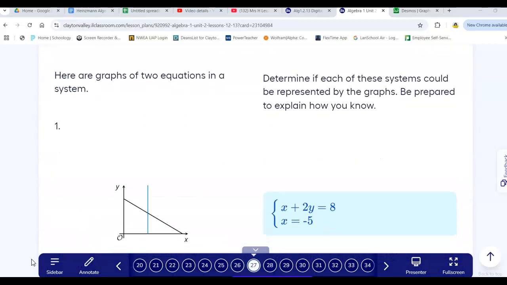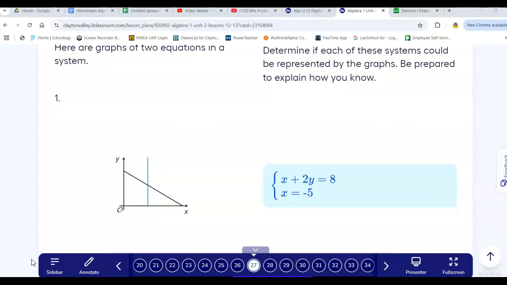So here's the warm-up. The warm-up is going to give you pairs of equations, and it's going to ask you, could this system be represented by these two lines?